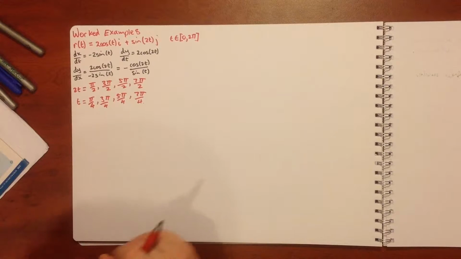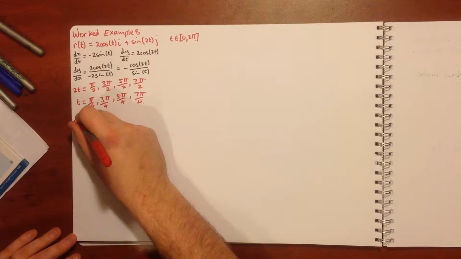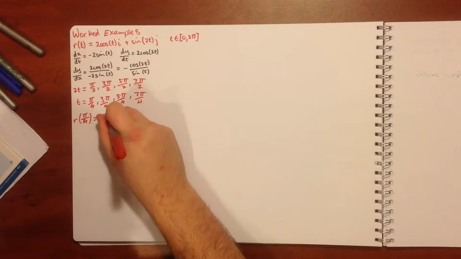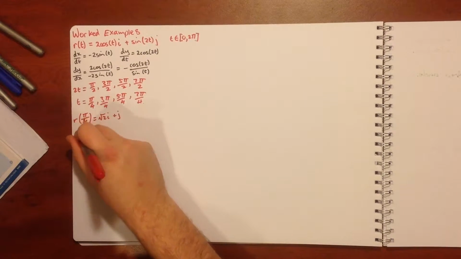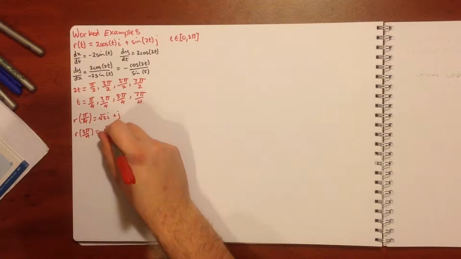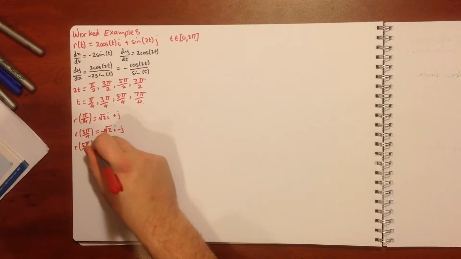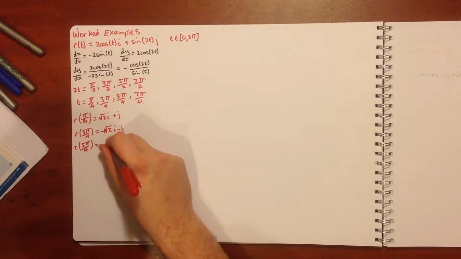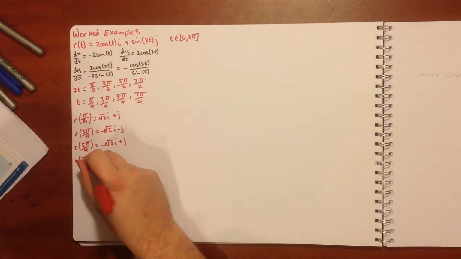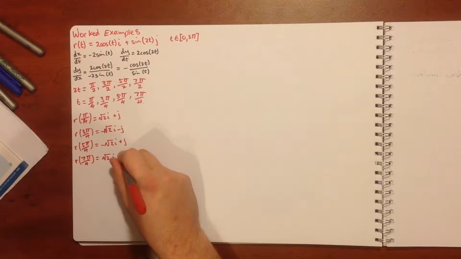I think we'd all be comfortable to sub these values in, so I'll simply write our answers. r of pi on 4 is root 2 i plus j. r of 3 pi on 4 is negative root 2 i minus j. r of 5 pi on 4 is negative root 2 i plus j, and r of 7 pi on 4 is root 2 i minus j.